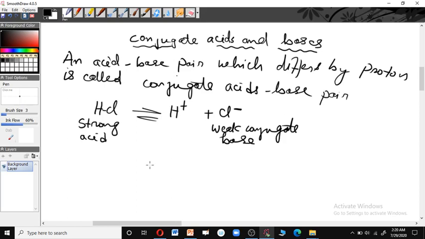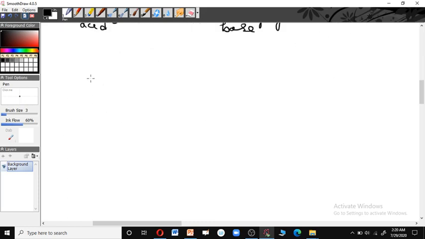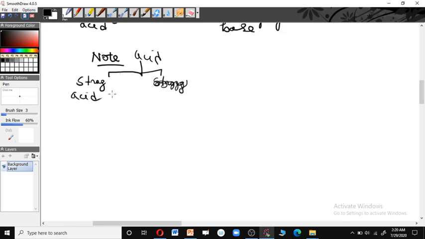For more understanding, always remember, since you know that acid has both strong and weak types, strong acid and weak acid.